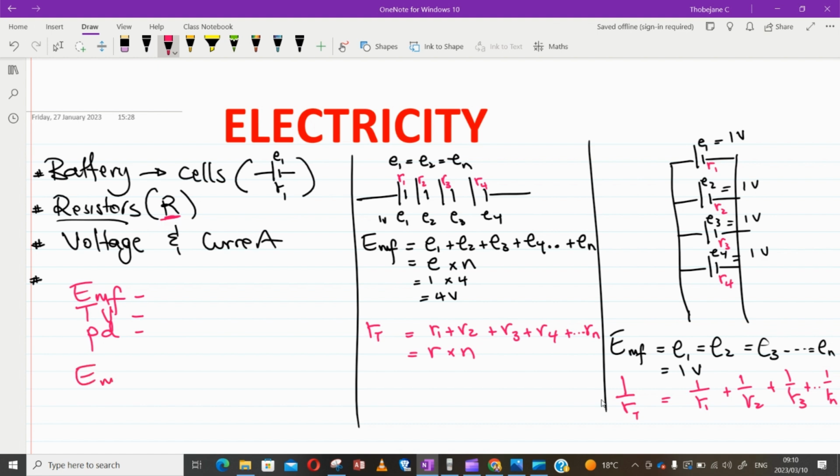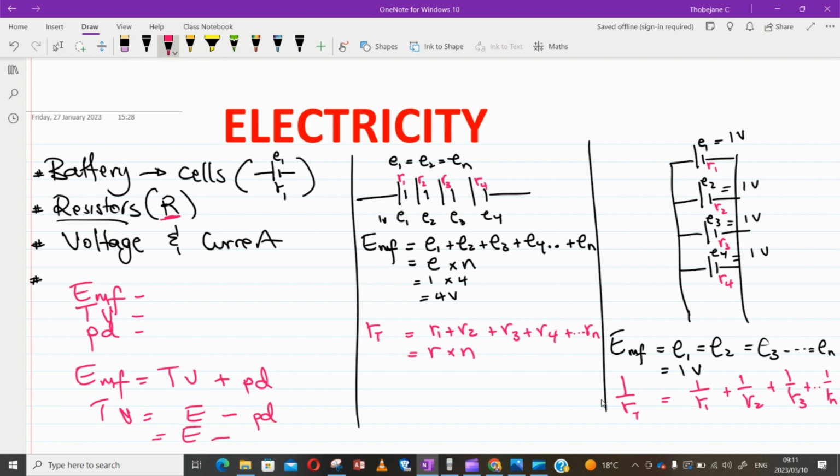Now, EMF is equal to the terminal voltage plus potential difference, which means that your terminal voltage will be equal to your EMF minus your potential difference.